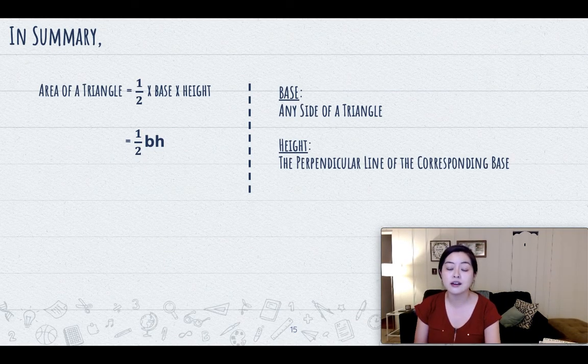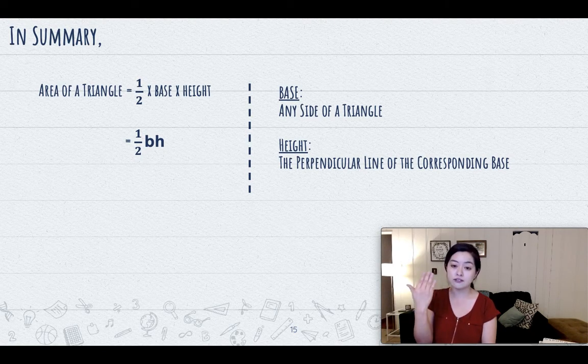All right, and how do we find the base? Well, the base can be any side of a triangle. It has to be a side of the triangle, and thankfully in our books, the base will be chosen for us already. And what is the height?